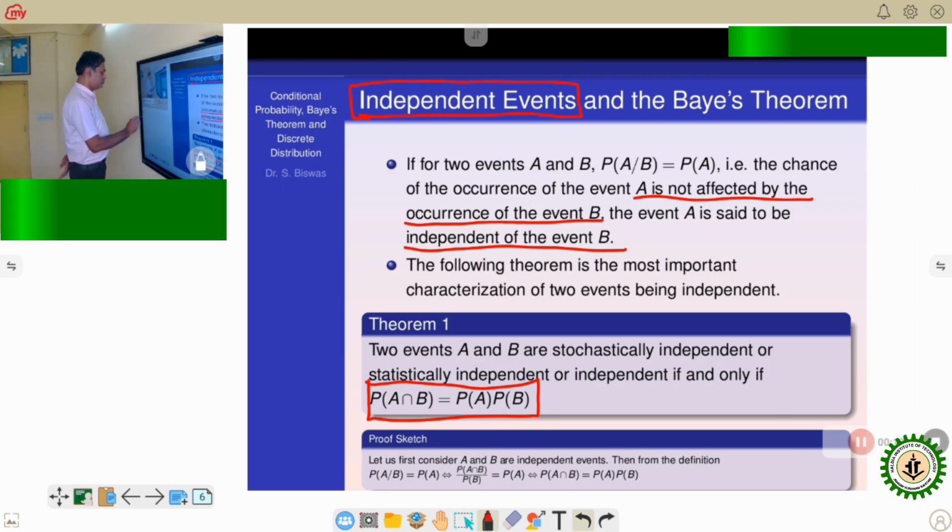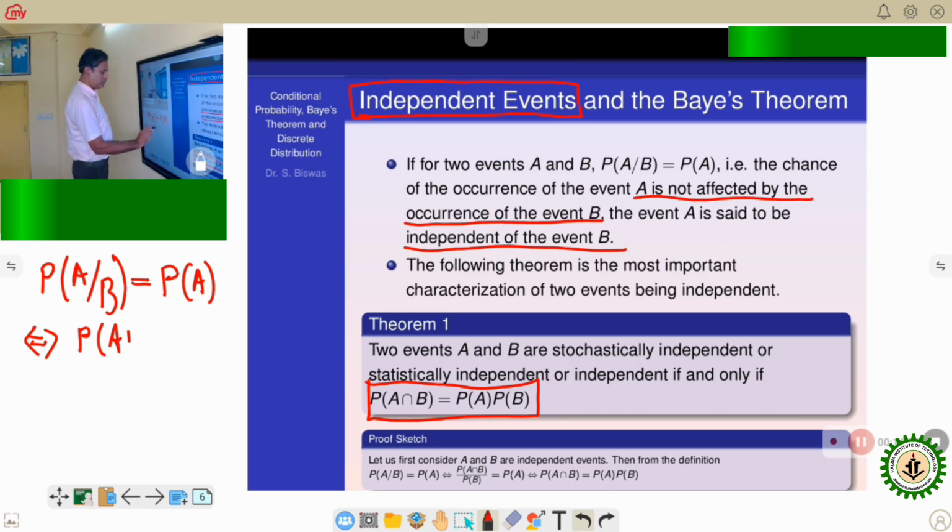Then from our definition, we know probability of A by B is equal to probability of A. This implies probability of A intersection B by probability of B is equal to probability of A. From here, we can directly write this.